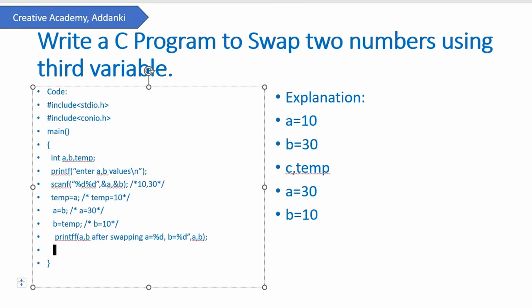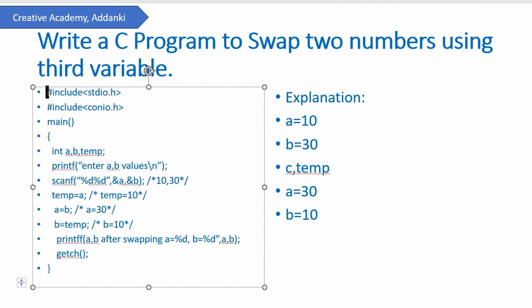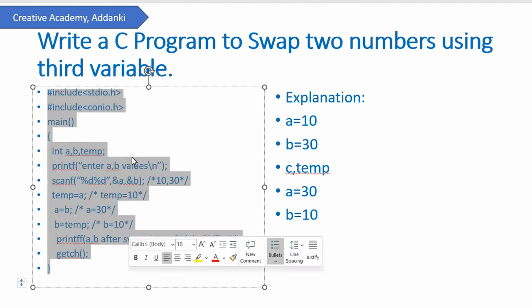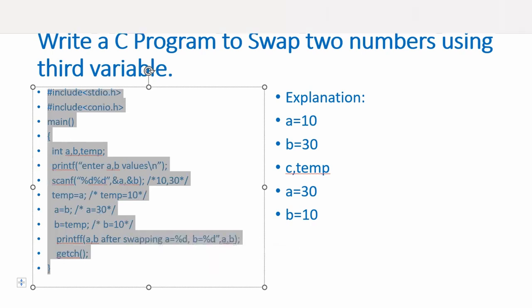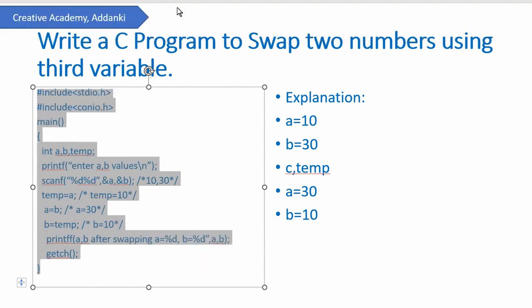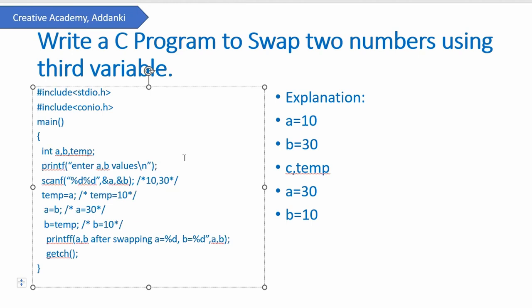After all this, I am writing the getch function to view the output directly on the screen. Now I'm simply removing the comments so that I can easily execute this program in any one of the IDEs.